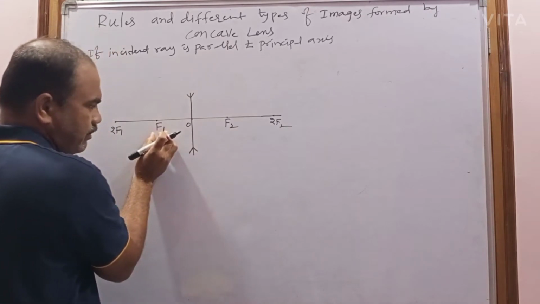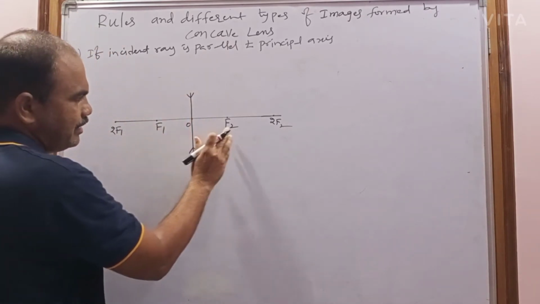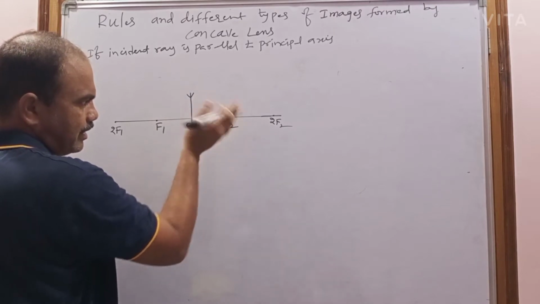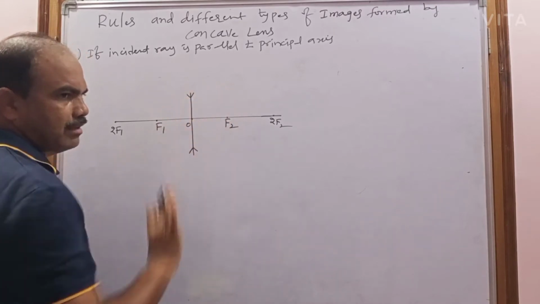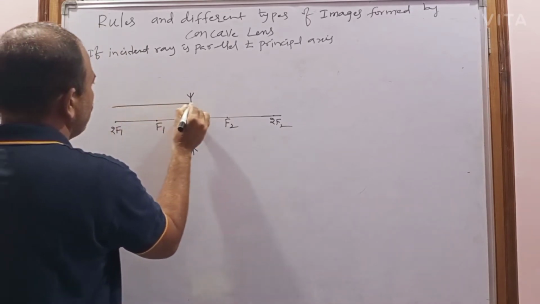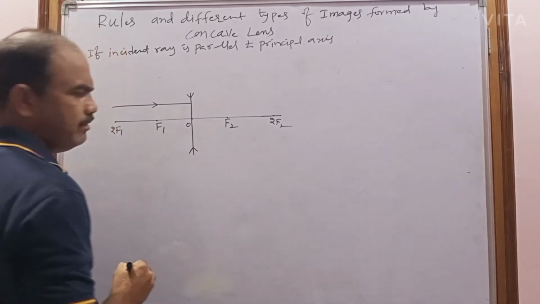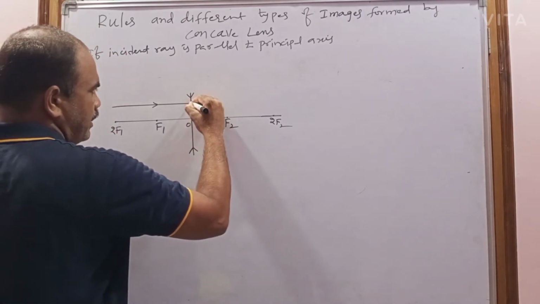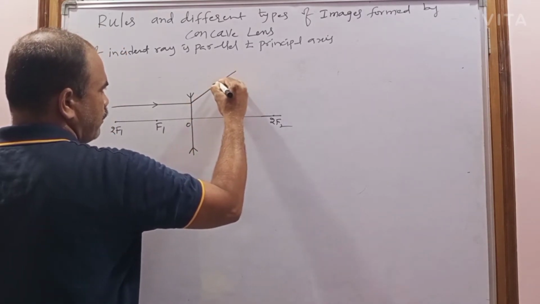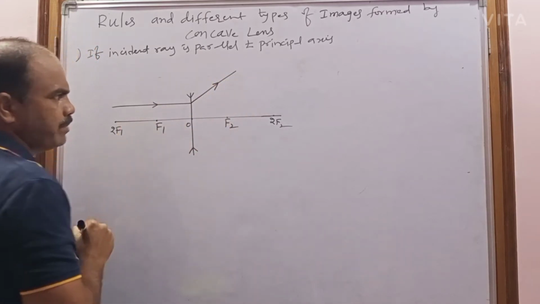This is the focus of the first curved surface, which is on the left side, and this is the second focal point that belongs to the second curved surface. Remember. Now this is the incident ray, parallel to the principal axis. After refraction, the refracted ray appears to be coming from the focus. This is the refracted ray for the incident ray parallel to the principal axis.